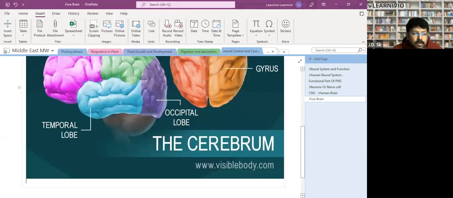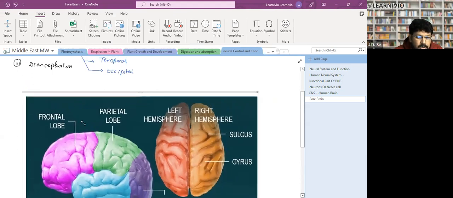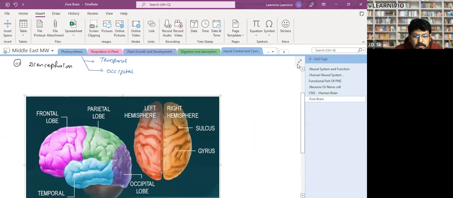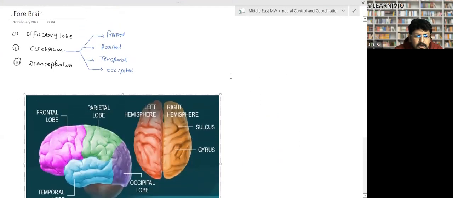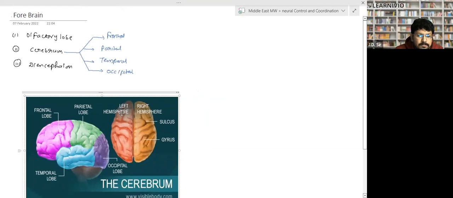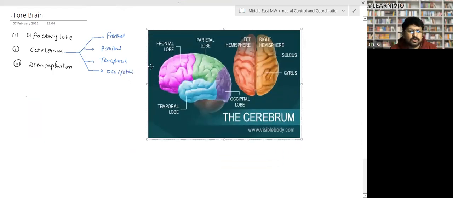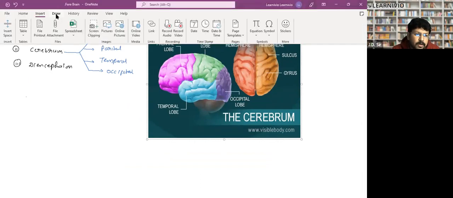Look, this is the diagram of cerebrum. This is the part of brain, and in fact part of the forebrain.